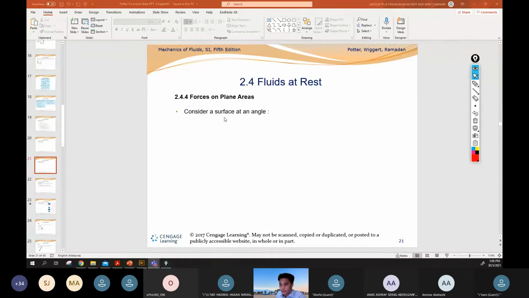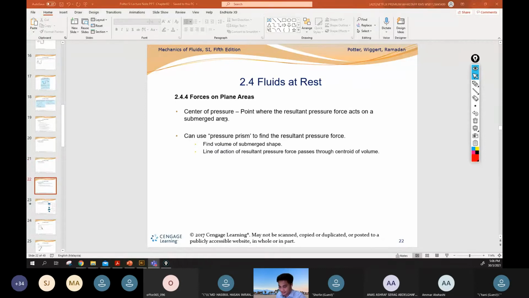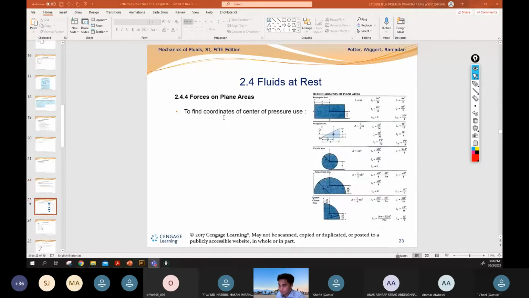So we learned to calculate the resultant force as well as the direction where the resultant force acts on the plane. So what is the coordinate? How to find the coordinate of the center of pressure? Do you still remember the equation? What is the formula?